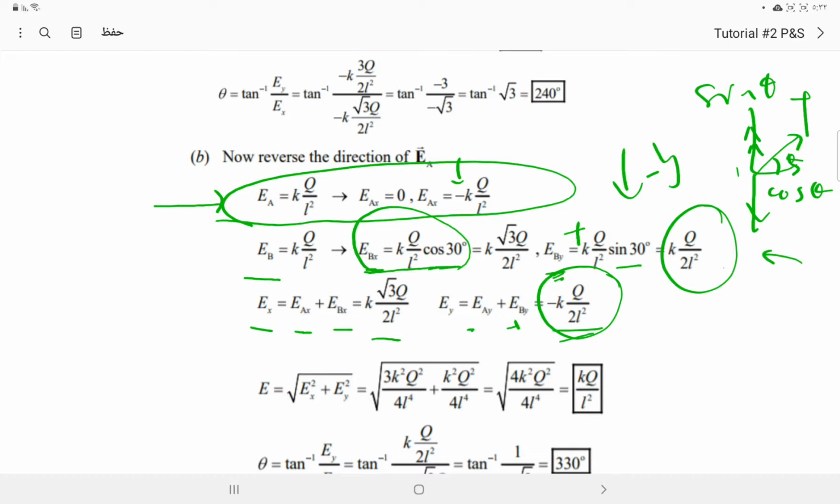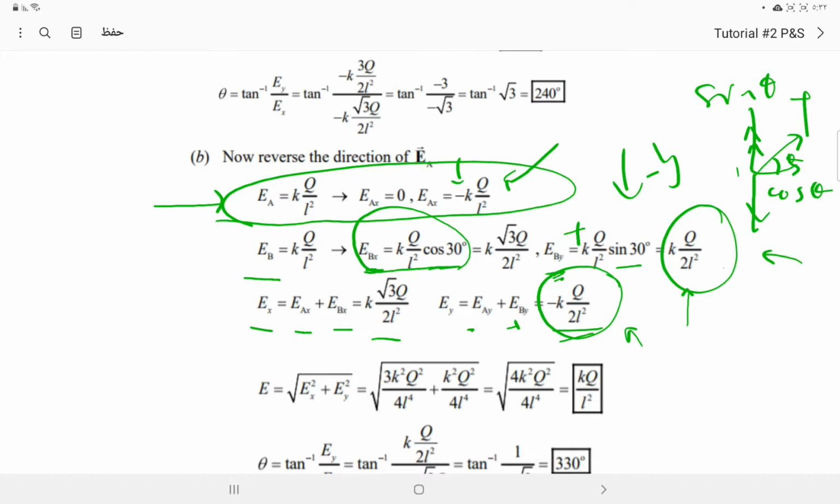Why is the result like this? Because sine 30 is just half, which gives KQ over 2L squared. If you subtract the positive one from the negative one, which we just found before at the top here, you can see that the result will be this one.